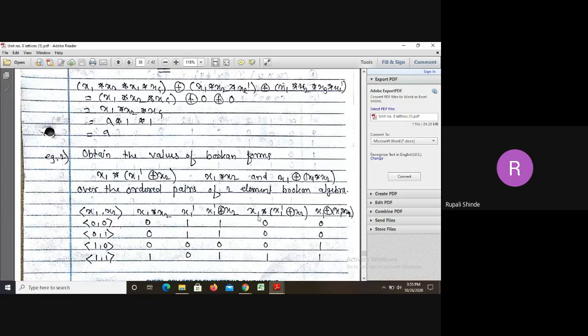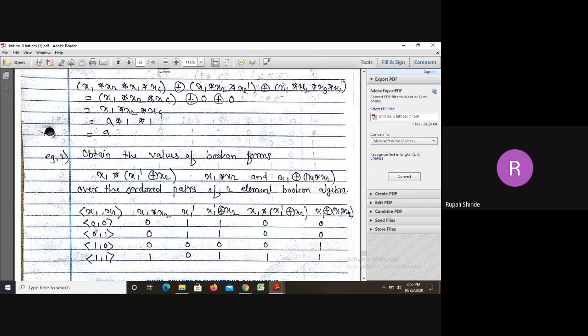Now, x1 star, x1 complement XOR x2. So we have to take product between x1 and x1 complement XOR x2. So for these two columns, we have to take product operation. So product means what?